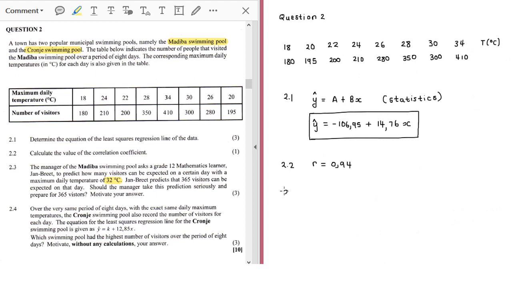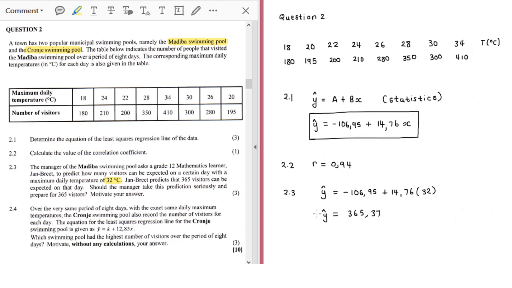So for 2.3, we have y hat equals negative 106.95 plus 14.76, and in place of X, we substitute that 32 degrees Celsius. If you plug this into the calculator, you get that y hat is equal to 365.37.